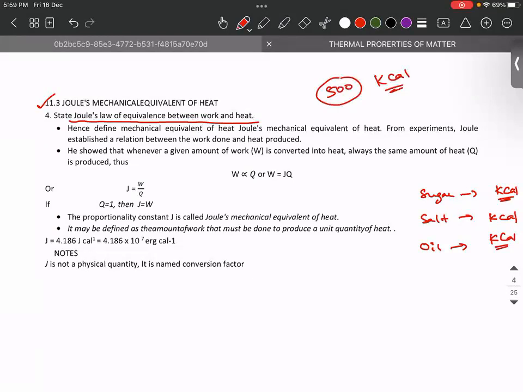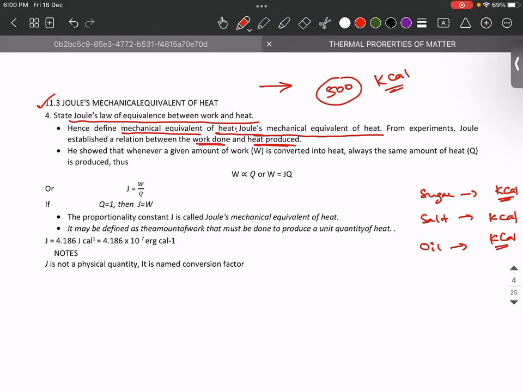When you do a workout, you generate an equivalent amount of energy, which is getting burnt. In a similar way, we can define the Joule's mechanical equivalent of heat. From experiment, Joule established a relation between the work done and the amount of heat that is produced.